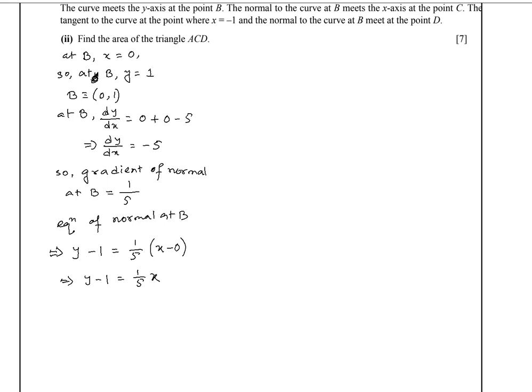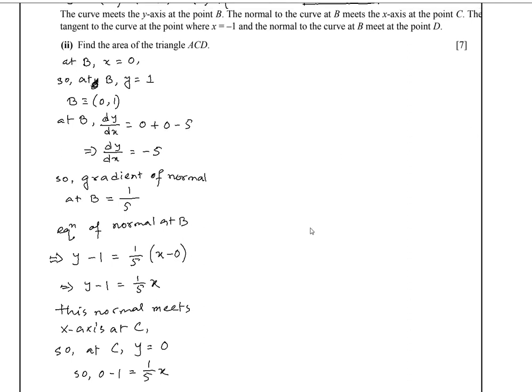It says that this normal meets the x-axis at point C. On the x-axis, the y coordinate is 0, so at C, y is 0. Substituting y equals 0, we get 0 minus 1 equals 1 over 5 times x.